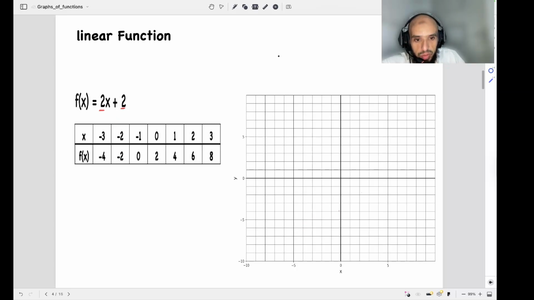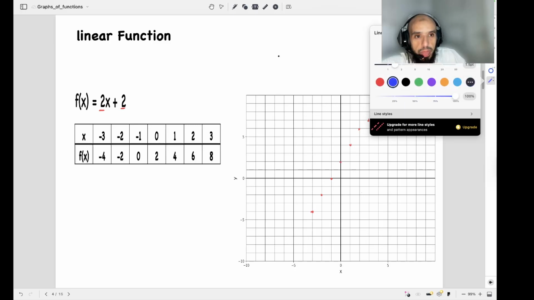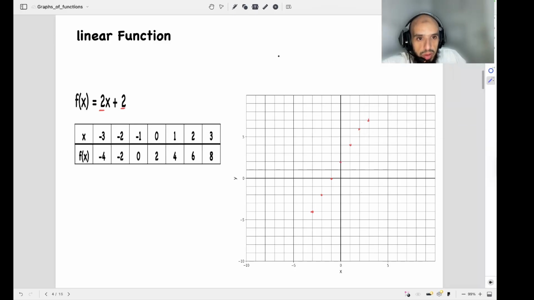So we substitute for these values and mark these points on the graph. If you connect all these points, we get a straight line. It looks like that.